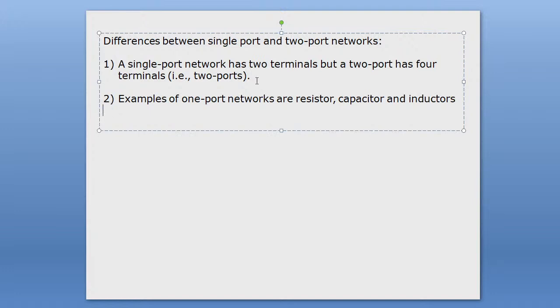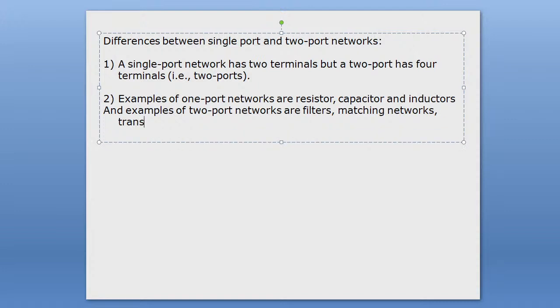And examples of two-port networks are filters, matching networks, and the transformer, which is itself a two-port network.